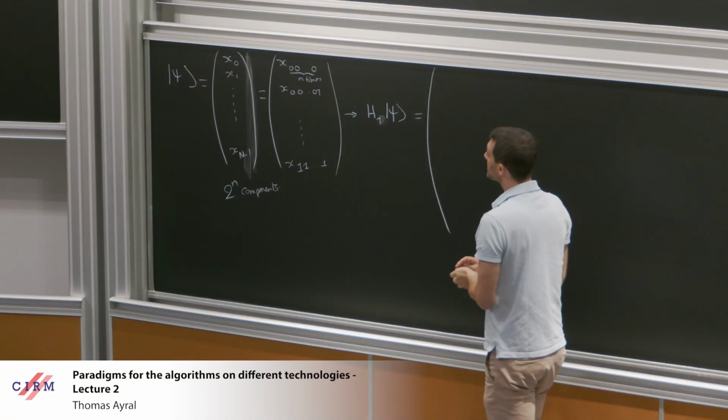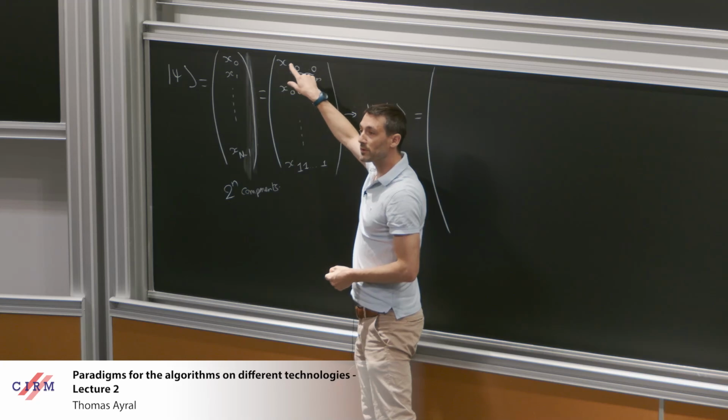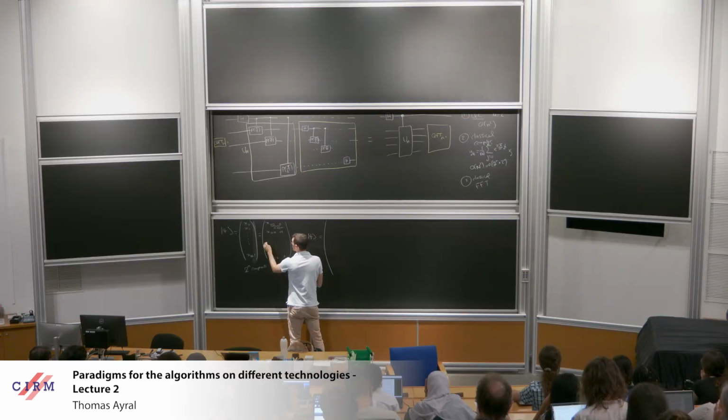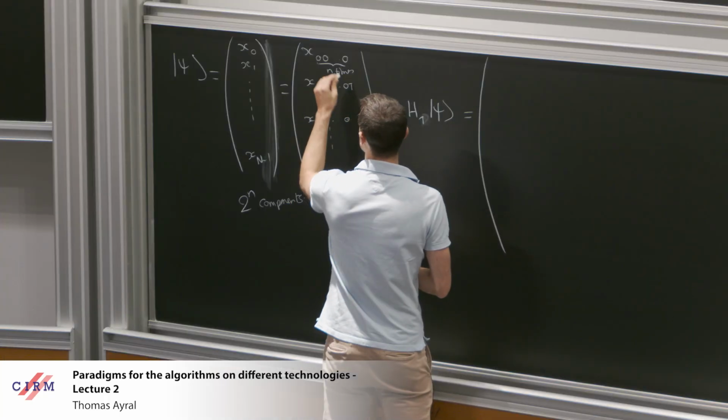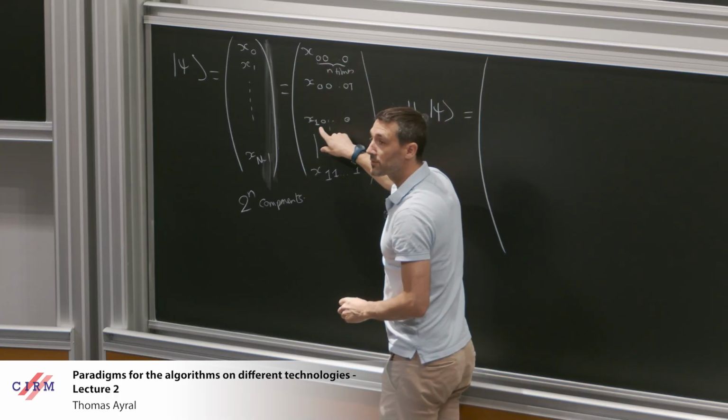So Hadamard means if my qubit is 0, I do 0 plus 1 over square root 2. And if the qubit starts with a 1, then I do x0 minus 1 over square root 2.